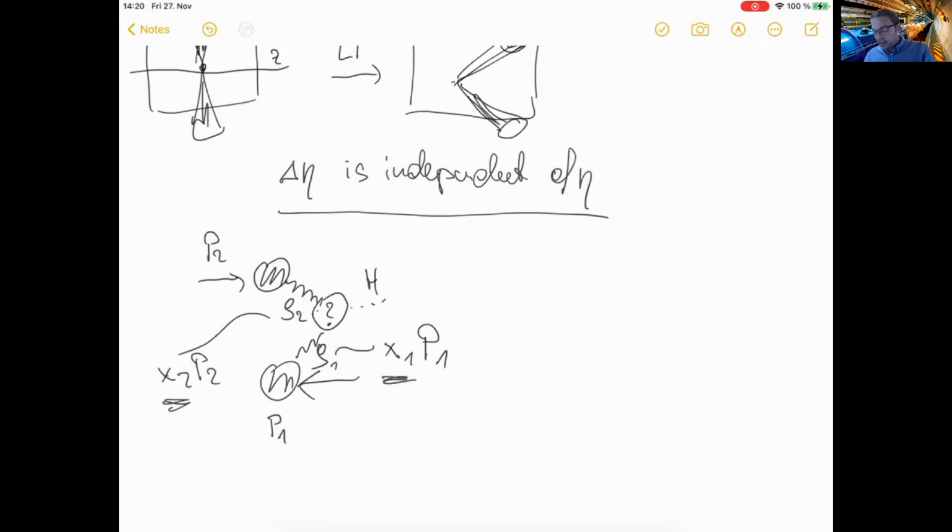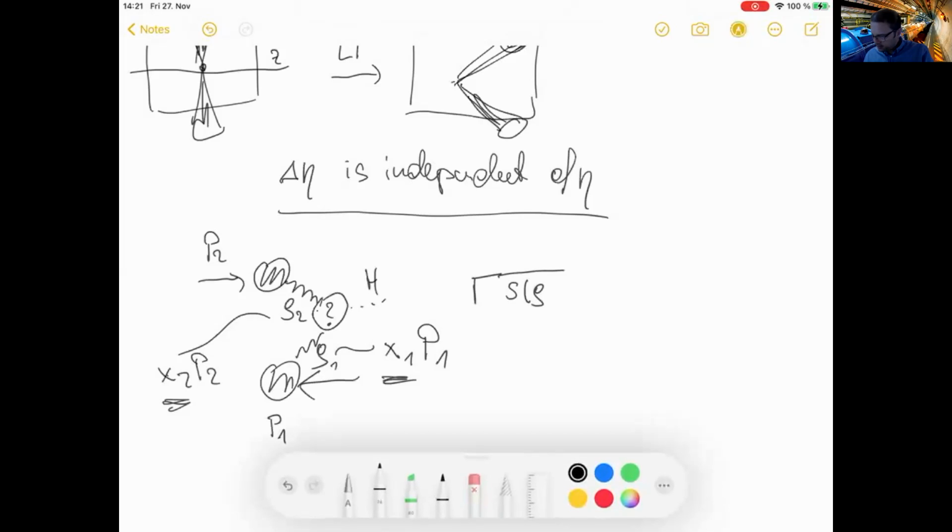So I know that the square root of s of my gluons is certainly greater than the Higgs mass.